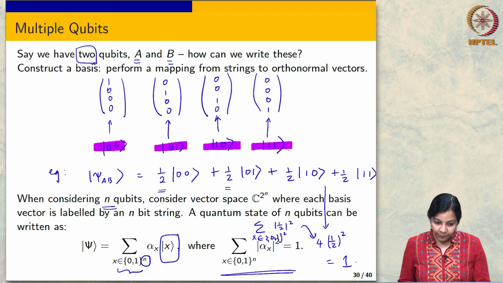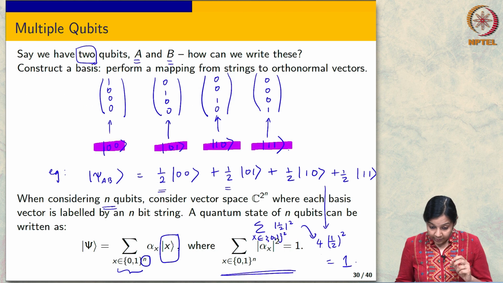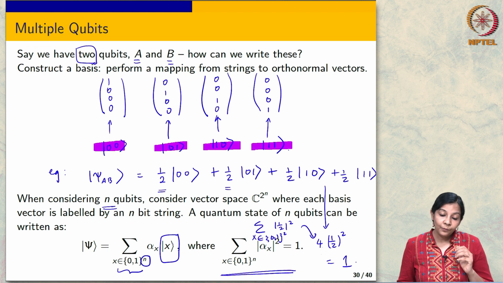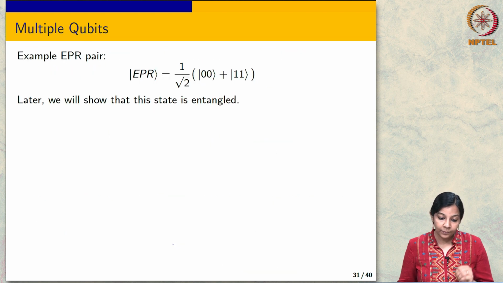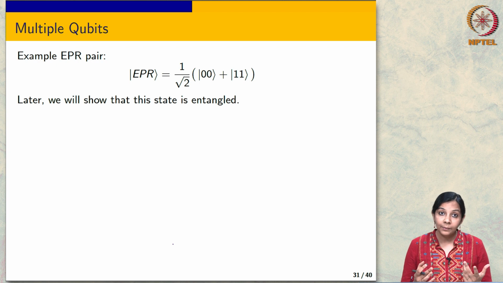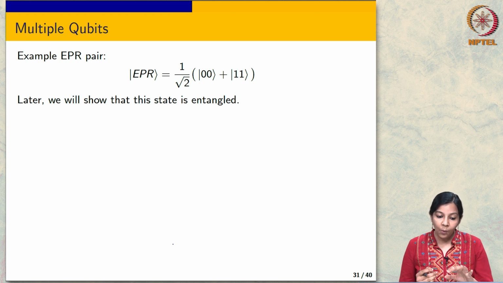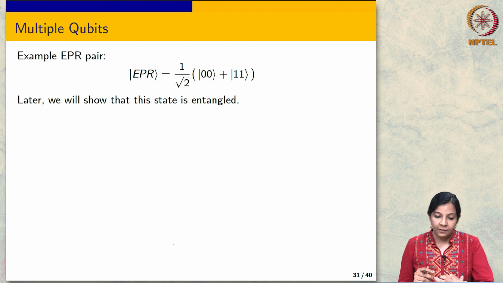And once you go into these multiple qubits, you encounter some very, very interesting phenomena such as entanglement. So, we will not talk of entanglement right away, but I do want to point out a very nice example of a multiple qubit, a 2 qubit state, which is the so called EPR state.